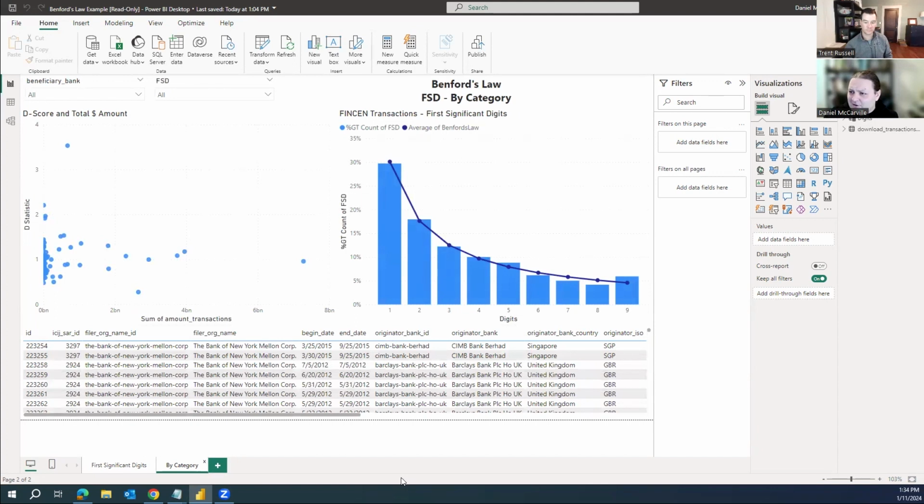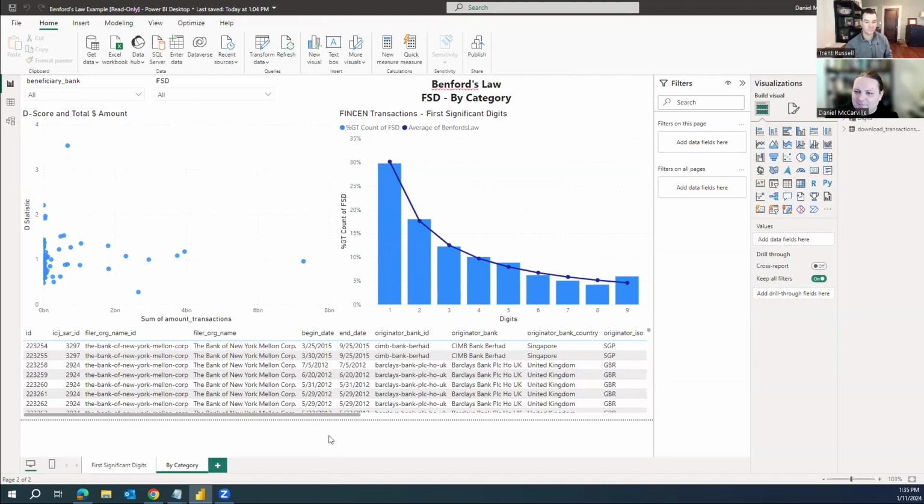So what I did here is I said, let's do Benford's law once for each bank receiving funds in this data. I'm going to look for banks that are receiving suspicious dollar amounts and their transactions don't follow Benford's law. One thing I like about Power BI, you can do this in Tableau, right, is I can make this interactive. We could just pick a bank from the list.